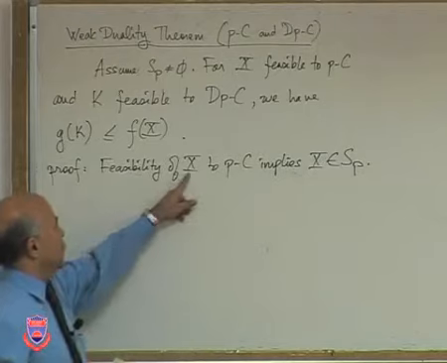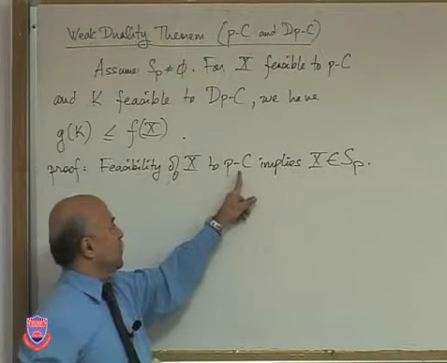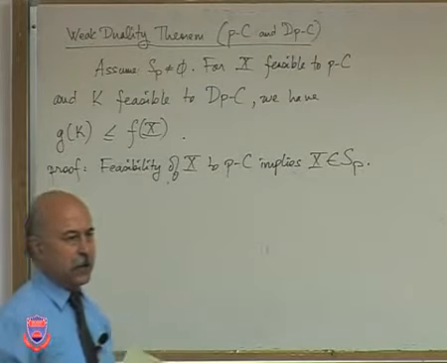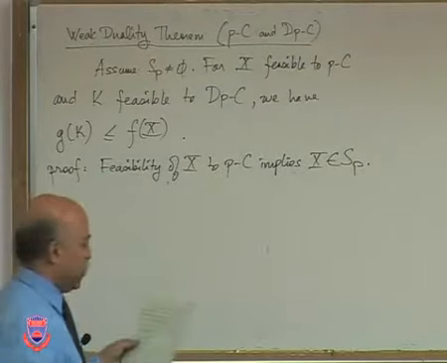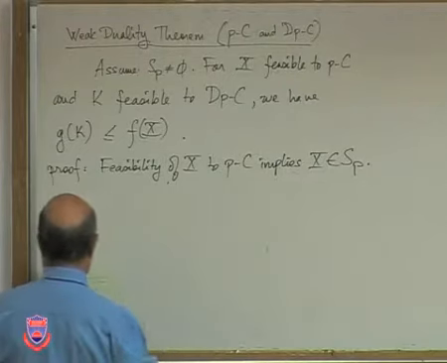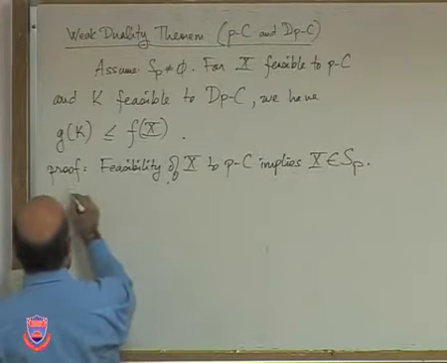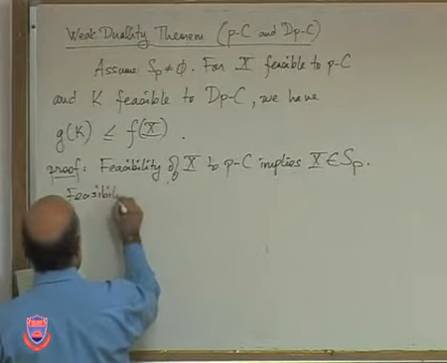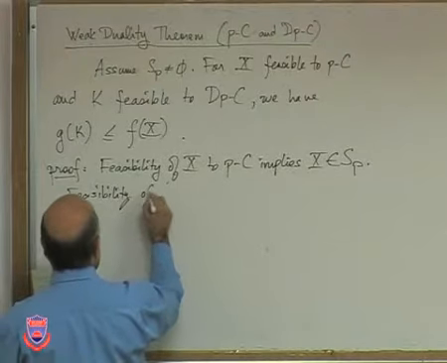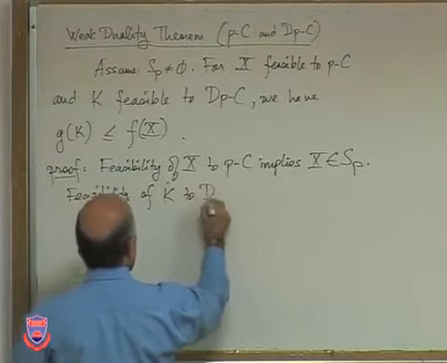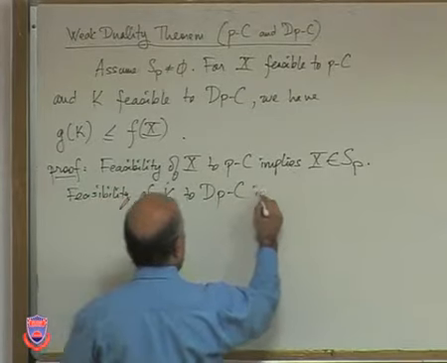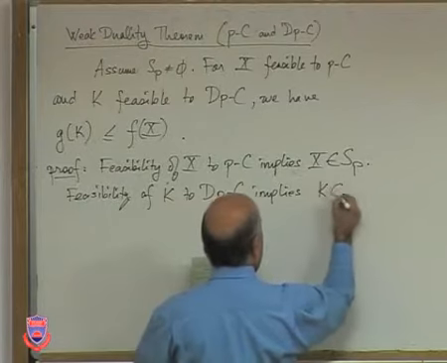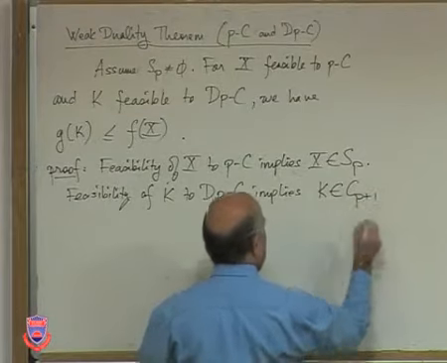The feasibility of the solution X to the primal problem PC implies X is in the feasible set. In other words, it satisfies the distance constraints provided by the UJs. And the feasibility of K to the dual of the P-center problem implies K is in C sub P plus 1.